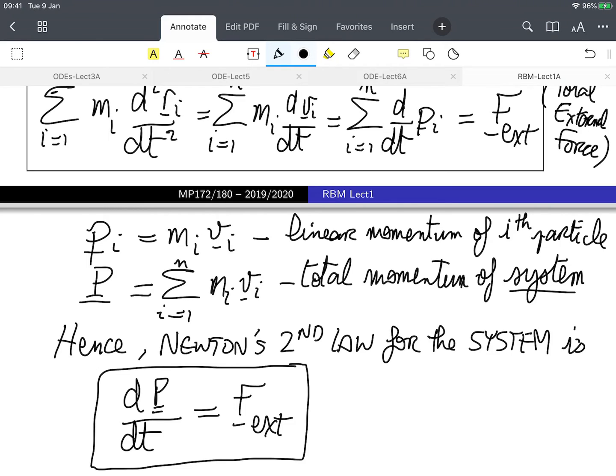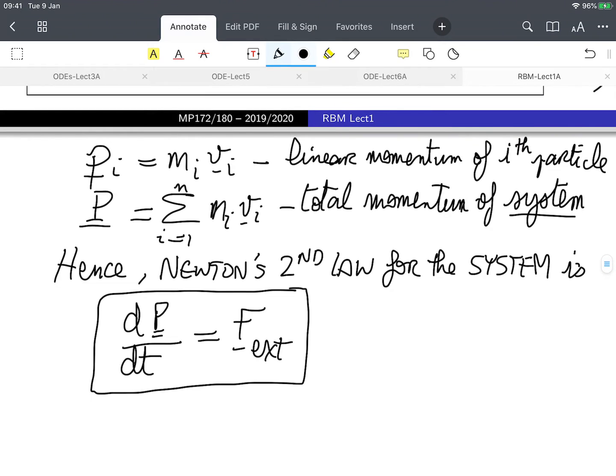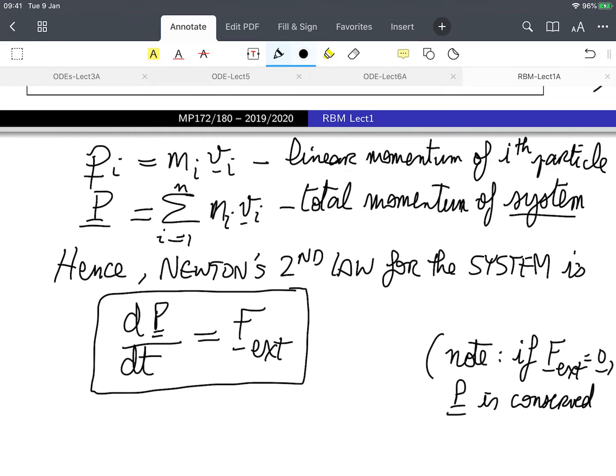That's nice. That's very much like what happens for one particle. The derivative of the momentum is the external force. And then you can note if F external is 0, P is conserved. That's what we did for collision, and that helped us solve the equation for collision. But here we're not going to assume that external forces are 0 in general and see how far we can go.